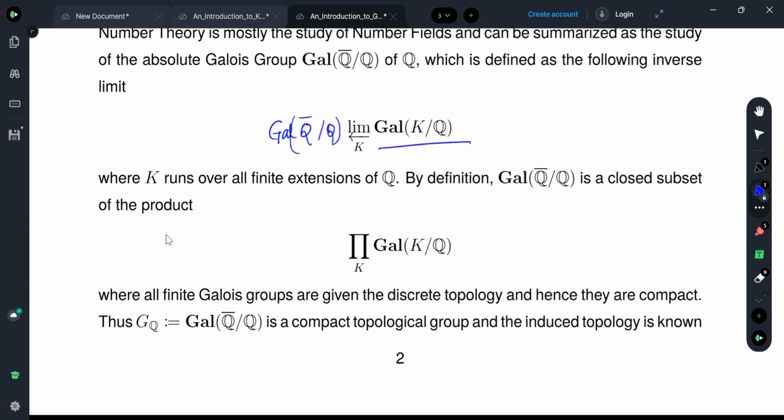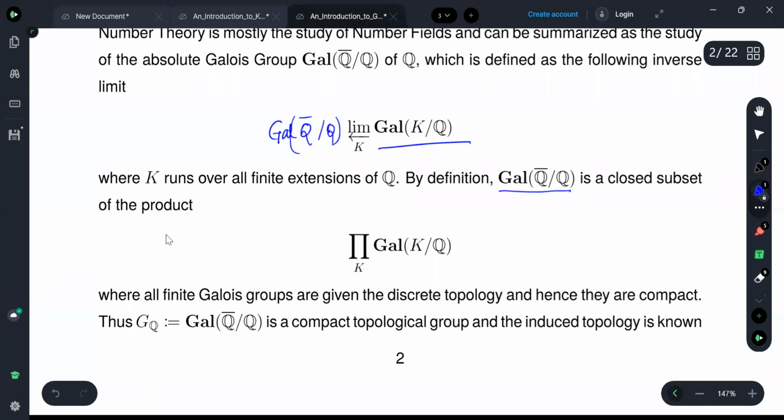By definition, these finite Galois groups are given the discrete topology because they are finite, and that is why they are compact groups. And by definition, this absolute Galois group is a closed subgroup of this product. We know by Tychonoff's theorem that a product of compact spaces is again compact, and a closed subset of a compact set is again compact. That is why the absolute Galois group is a compact group.